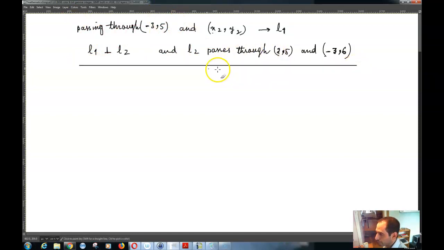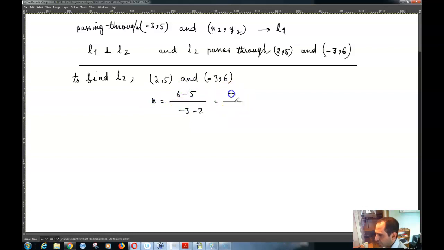So now basically 2, 5 and negative 3, 6, to find L2. So your m over here is equal to 6 minus 5 over negative 3 minus 2, which is equal to 1 over negative 5. And so y minus y1 is equal to m times x minus x1.